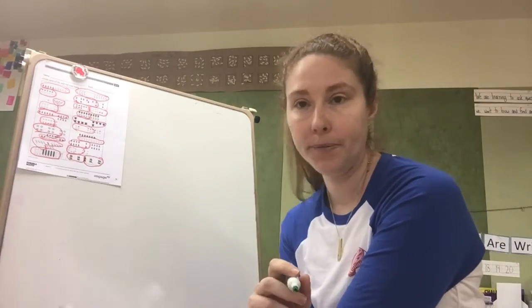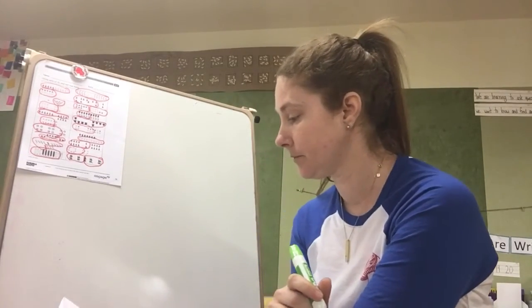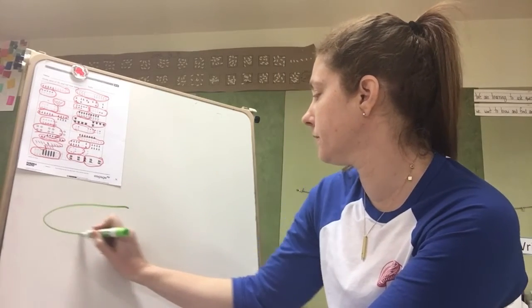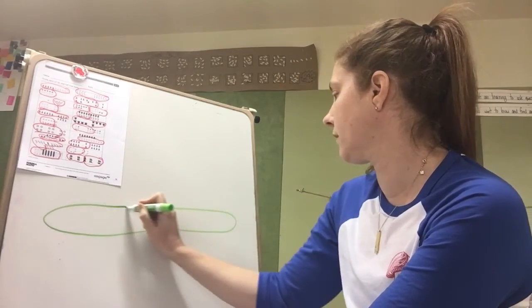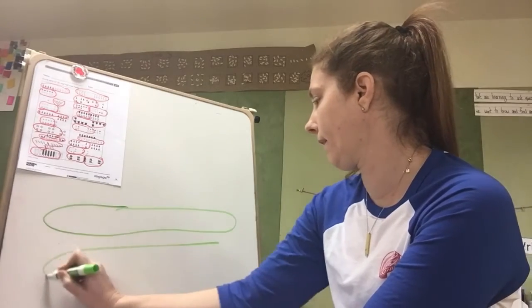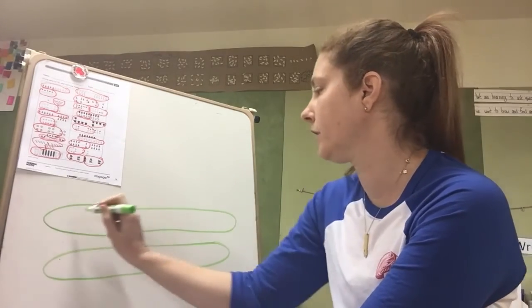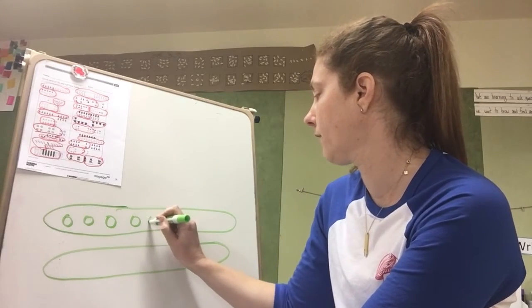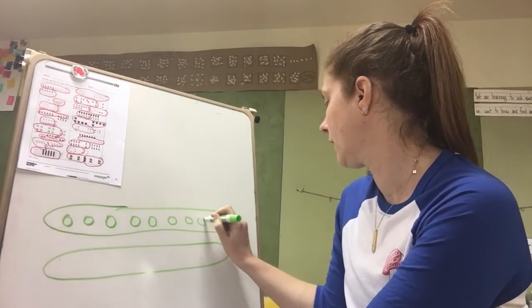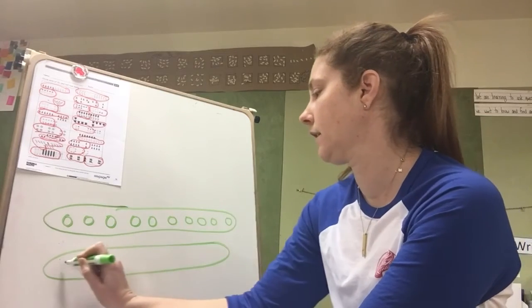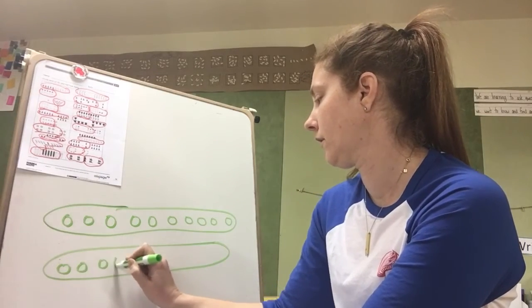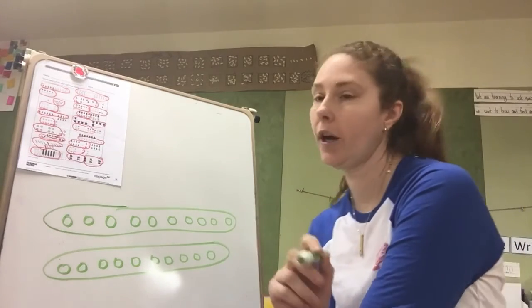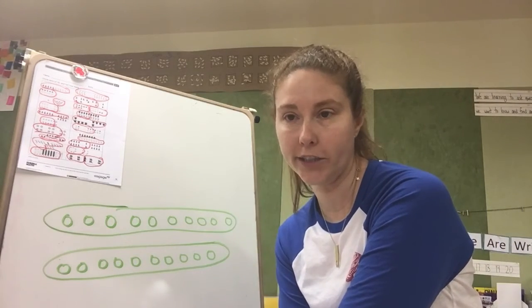So Sally was playing her flute, and so let's draw her flute. And each flute has 10 holes. So draw your flutes, draw 10 holes on each flute.